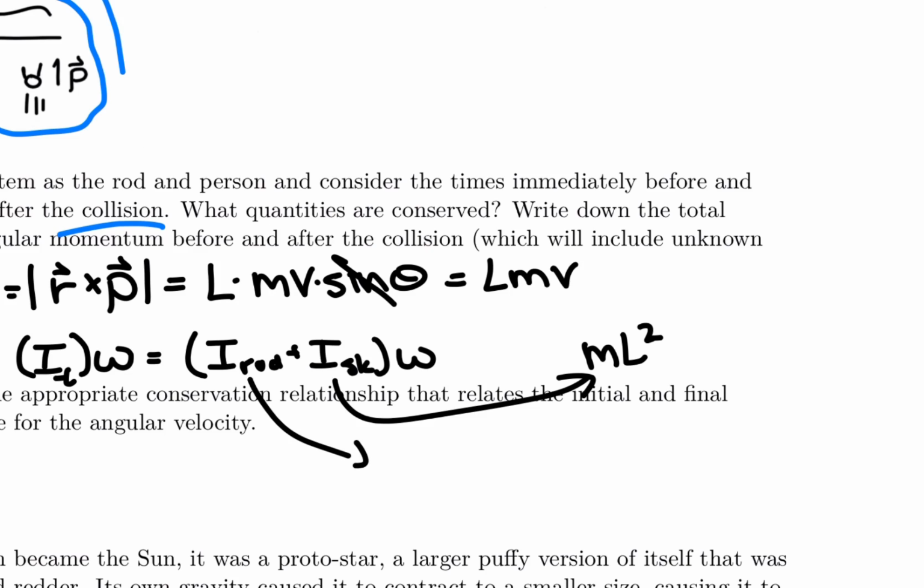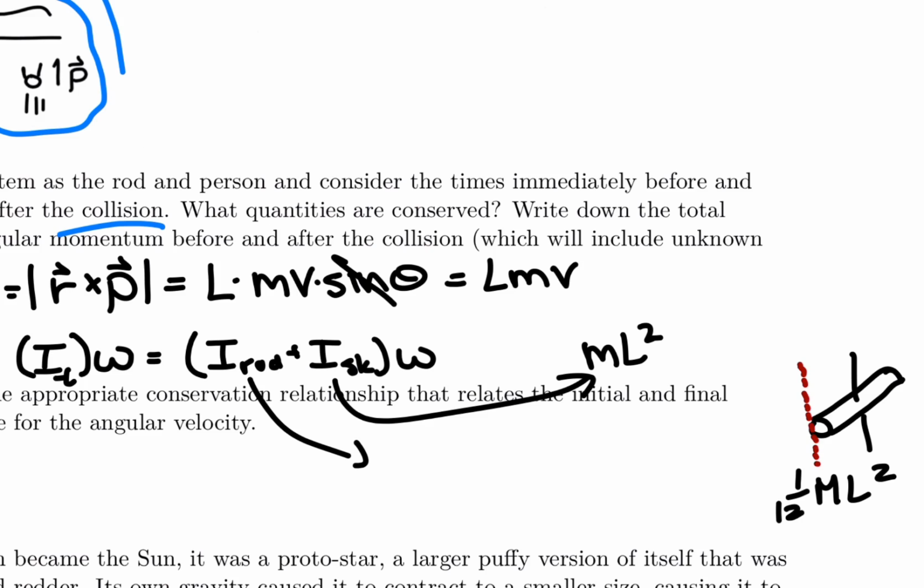The rod, we have to be careful, because if we were to look up in our table, we would get that for a thin rod that has an axis of rotation here, the rotational inertia is 1/12 ML squared. But in this case, that's not where this rod is rotating. The rod, in our case, is rotating here, not through the center.